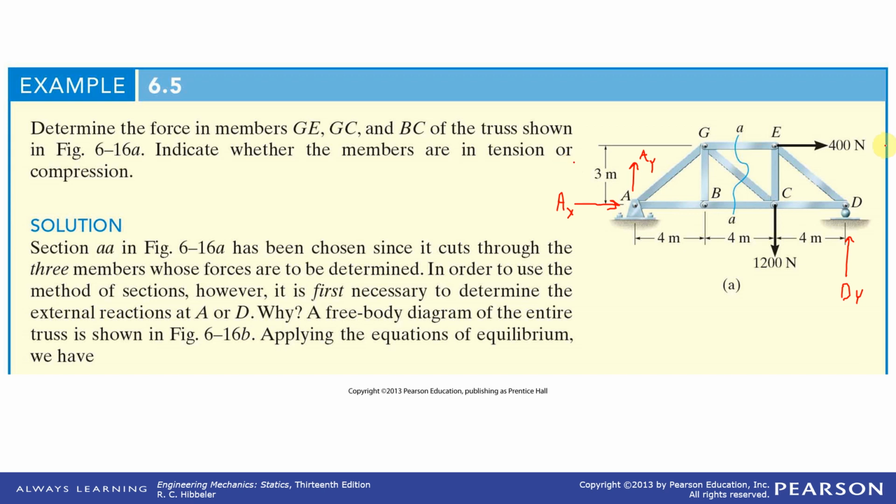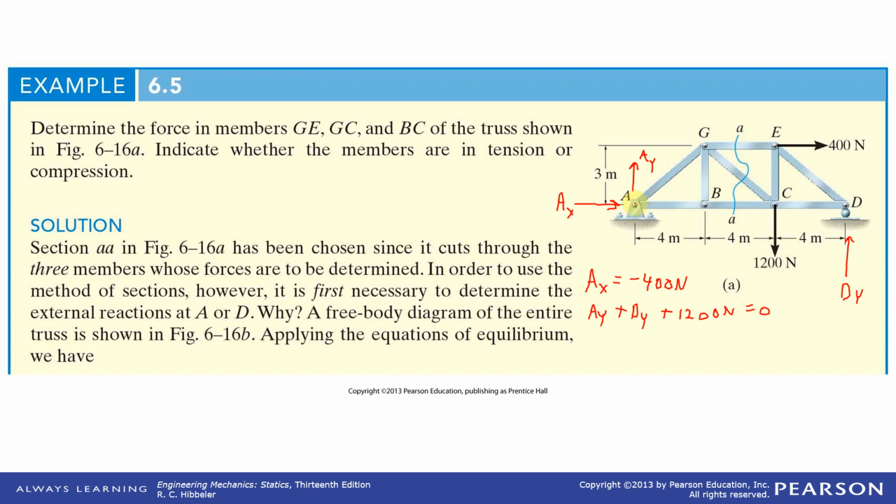So AX has to equal negative 400 newtons. So AX plus 400 newtons has to equal 0. Okay. AY plus DY minus 1200 has to equal 0. Now we have two unknowns, so we need one more equation, probably a moment equation.